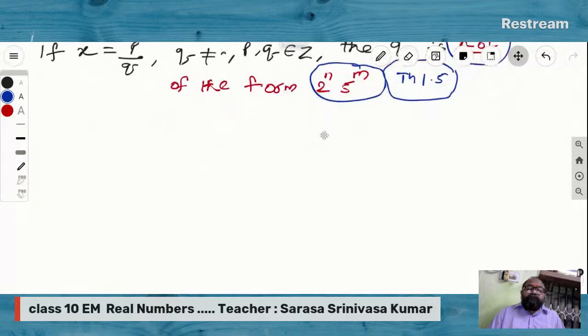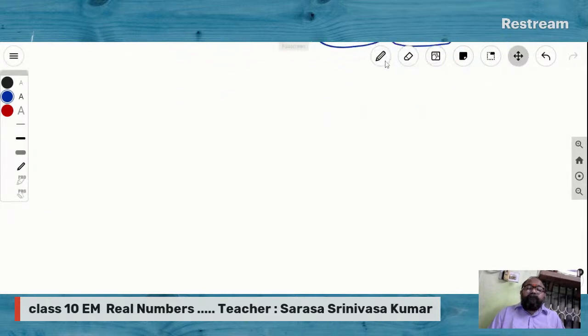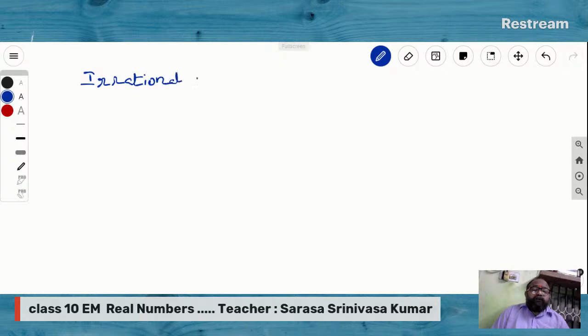Students can refer to page number 13. Irrational number.